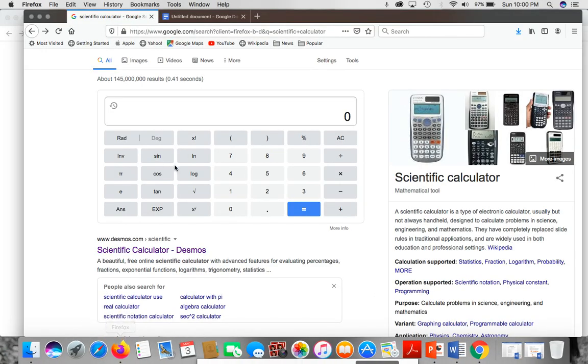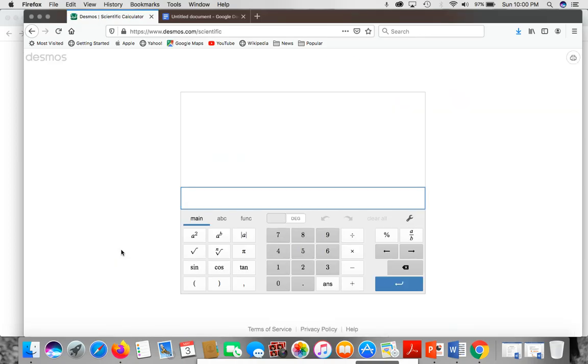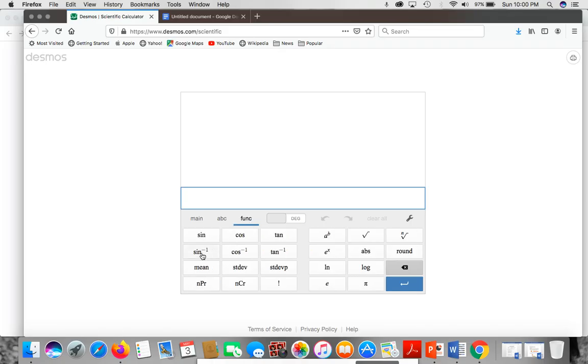I tend to use Desmos right here. You just type in scientific calculator, and this one pops up. The very first thing that we need to do is look for sine, cosine, tan, but I want the inverse sine. So we're going to go to functions here, and you will find the inverse.